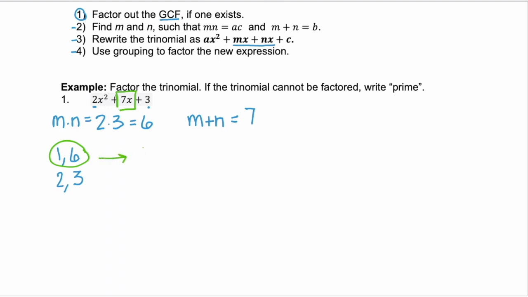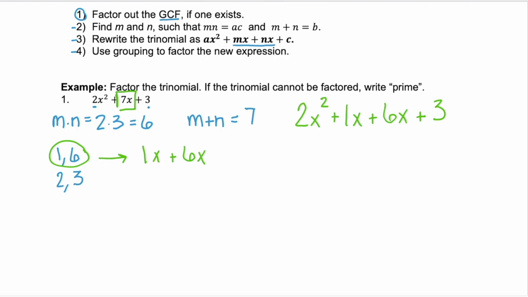So we're going to have 1x plus 6x. If we rewrite that trinomial, we have 2x squared plus 1x plus 6x plus 3. The 1x and the 6x are replacing that middle term of 7x.